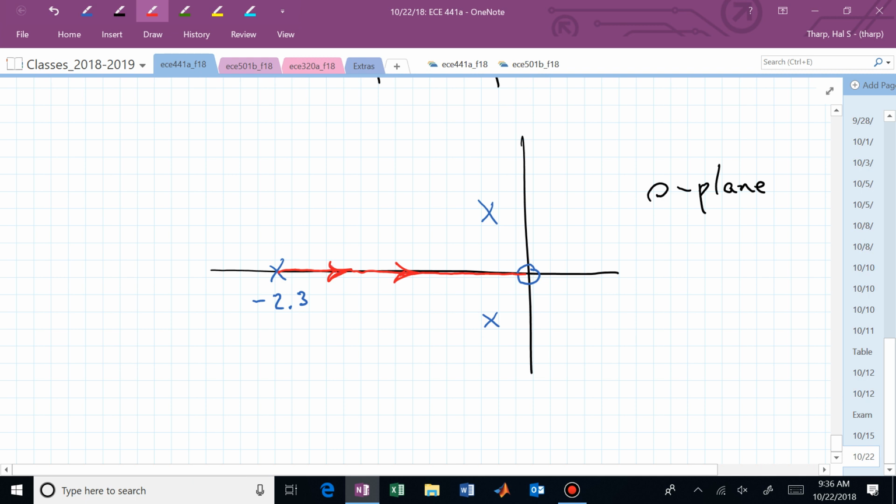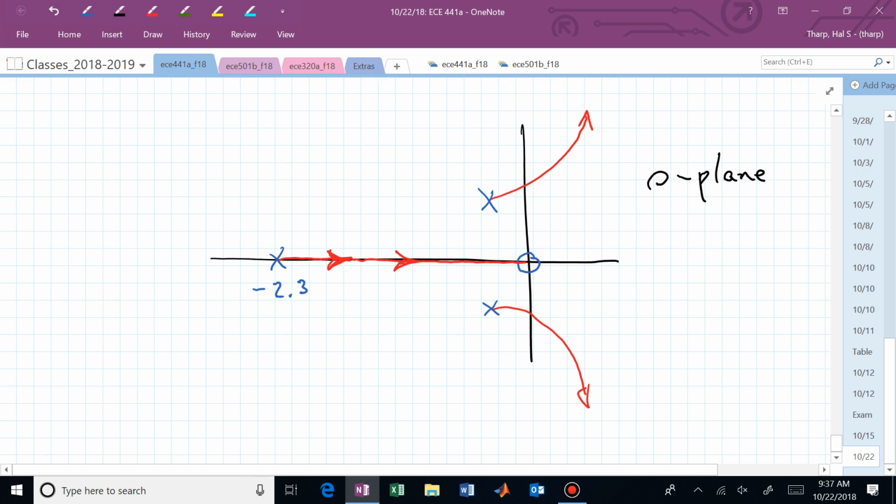In this example, I'm saying the one branch goes from minus 2.3 into the origin, and the others are doing that. And I'm hoping that it's clear that these are now approaching some asymptote line that goes up and down vertically, or it's at plus and minus 90 degrees.